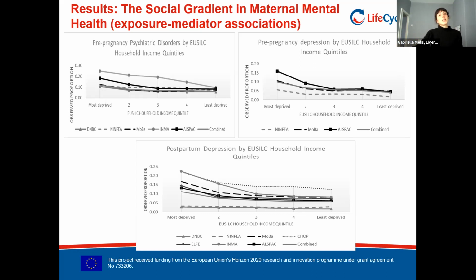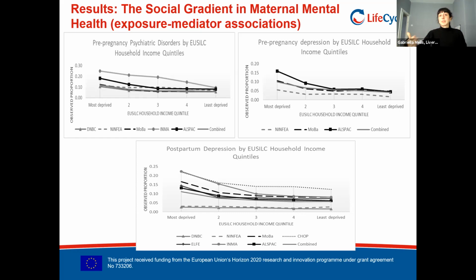So the thing that I have to say about these graphs is that, unfortunately, first of all, the variable of EU-SILC income is not available in the Australian cohort RAINE, where we have, however, a parental education measure. But the analysis for this cohort will basically stop from now on, more or less.